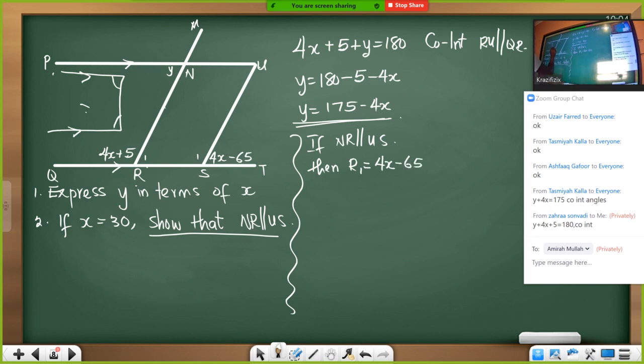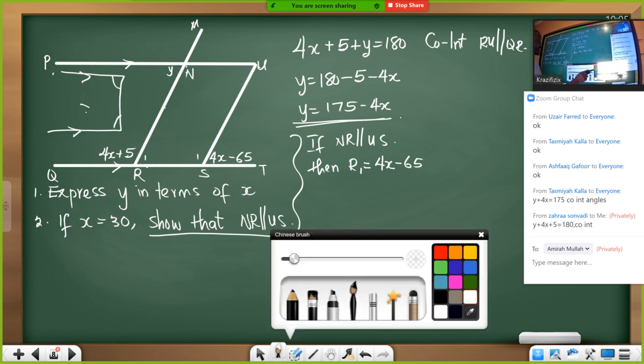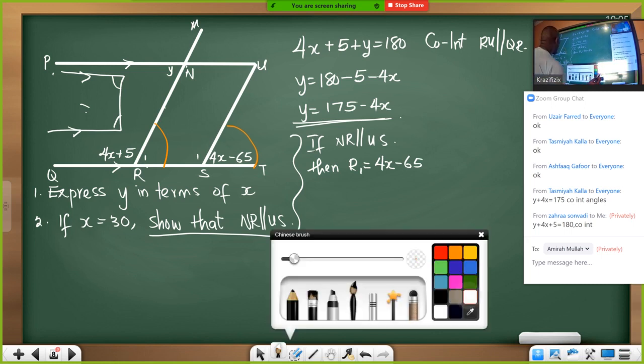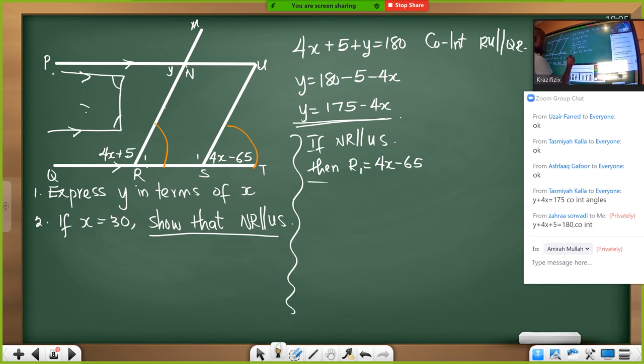If this line NR is parallel to US, it means this angle here must therefore be equal to that angle. That will be corresponding angles, but only if they are parallel. So let's check what the value of R1 would then be. There are other ways to do that, but I think this would be the fastest.